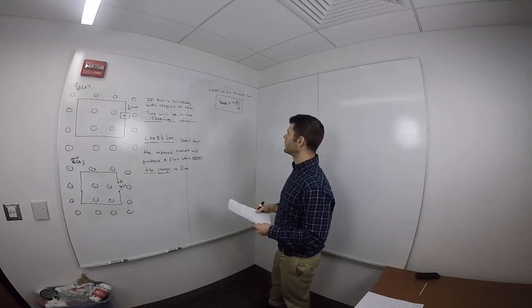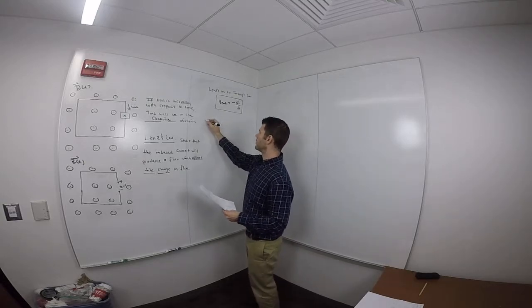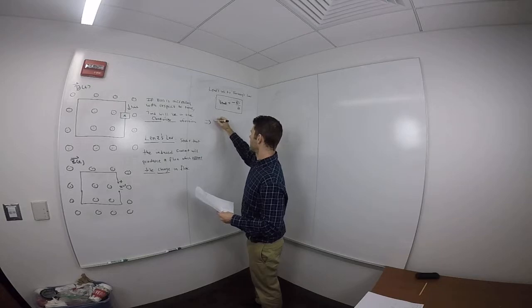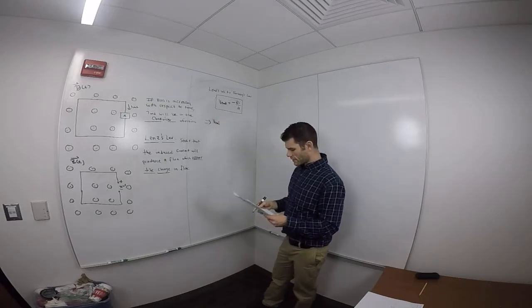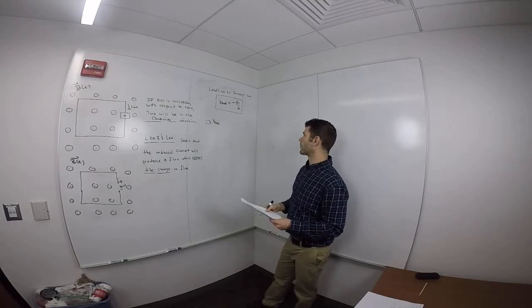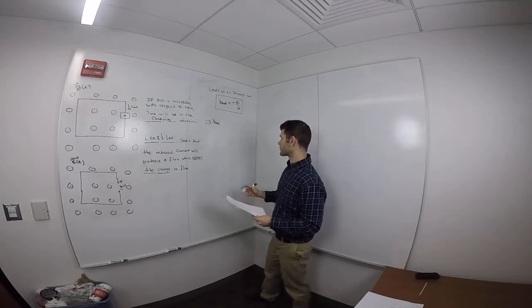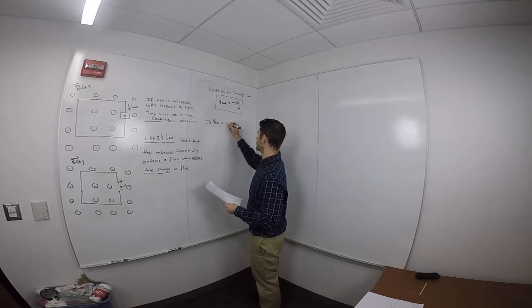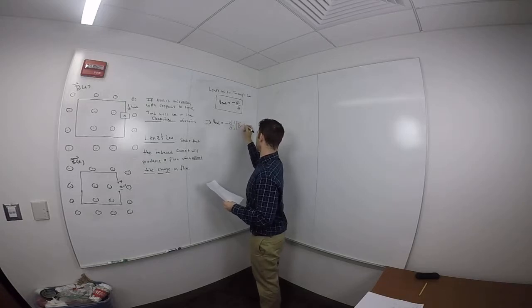So how can we write this in terms of magnetic fields? Well, we know that flux linkage is basically going to be the double integral of the magnetic flux density. So we can say that this is equal to negative d dt, double integral of magnetic flux density.